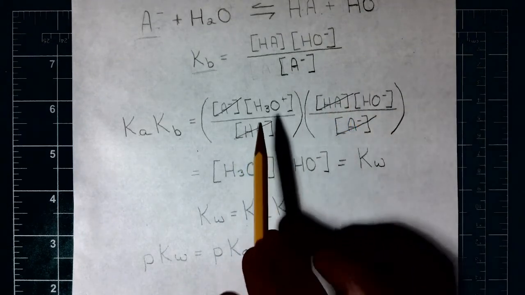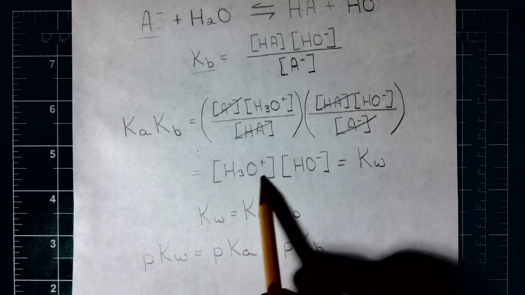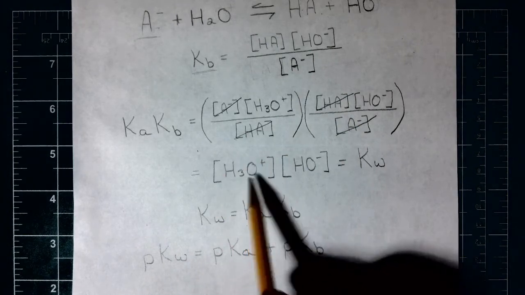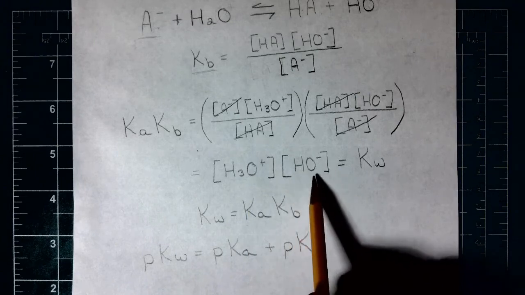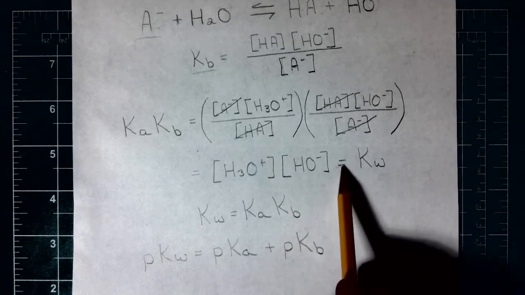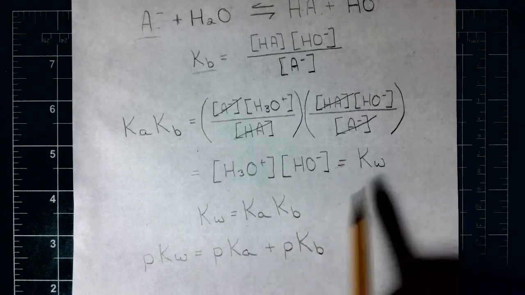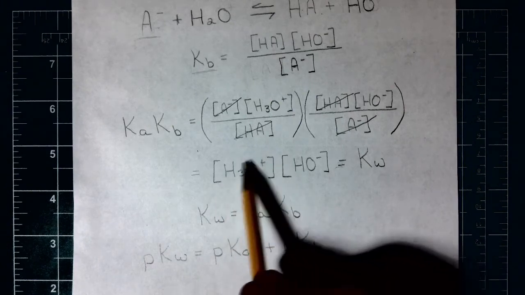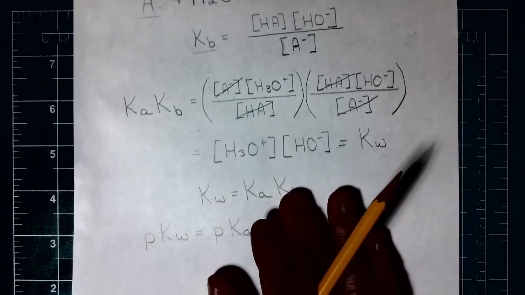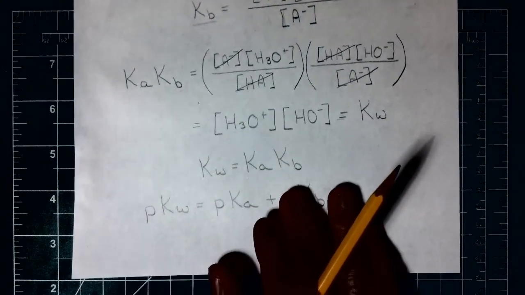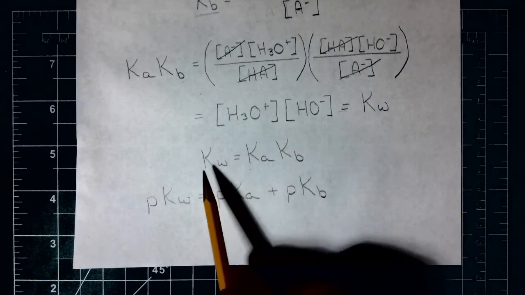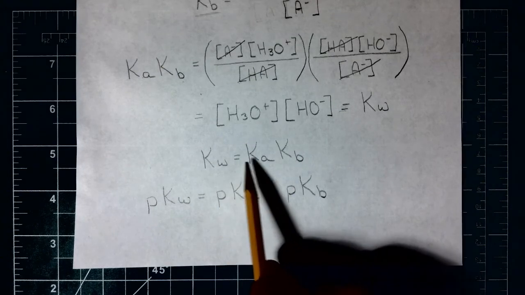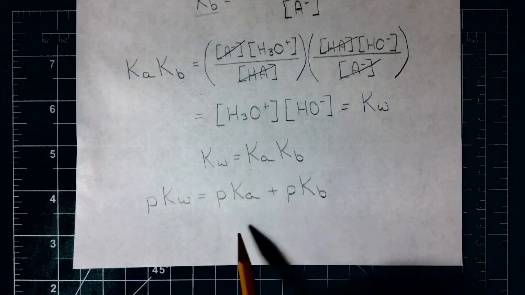What I wind up with is the concentration of hydronium ions times the concentration of hydroxide ions, which we know is equal to Kw. Remember that hydronium ions can stand in for those free protons. It's just a different way of writing the exact same idea. And we draw this conclusion that Kw is equal to Ka times Kb.